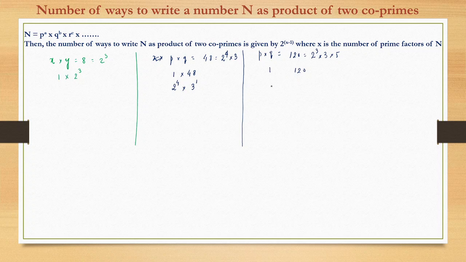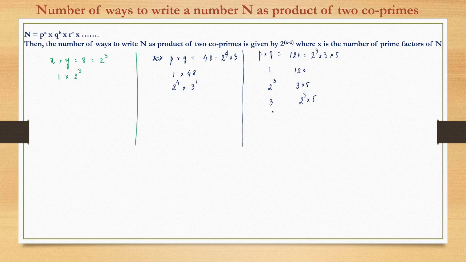Second, let us take the power of 2, so the index of 2. If we are taking the prime number 2, the index would automatically come along, 2 raised to power 3. The remaining two prime numbers, 3 into 5, will be in the second number q. Now if p takes another prime factor, which is 3, then q will take the remaining prime factors, 2 raised to power 3 and 5.